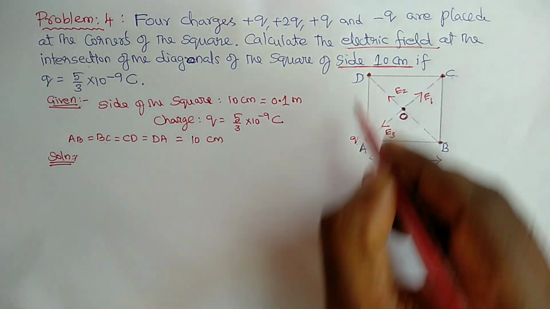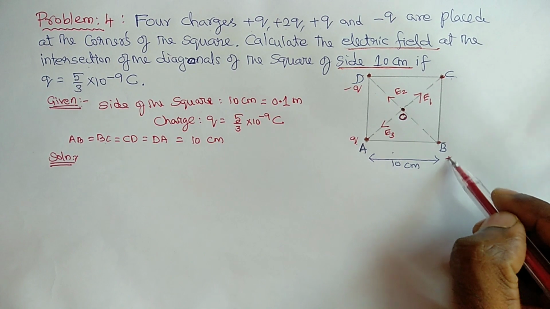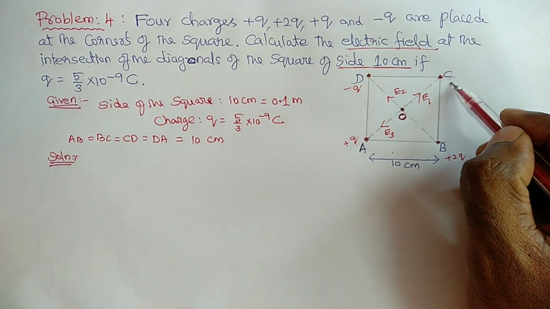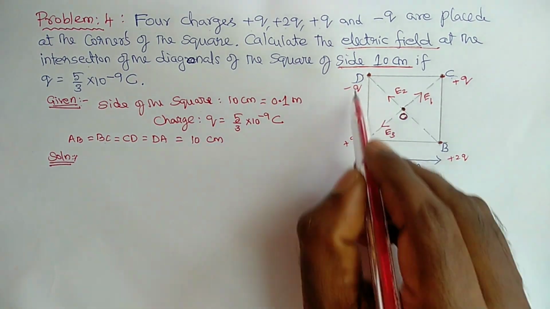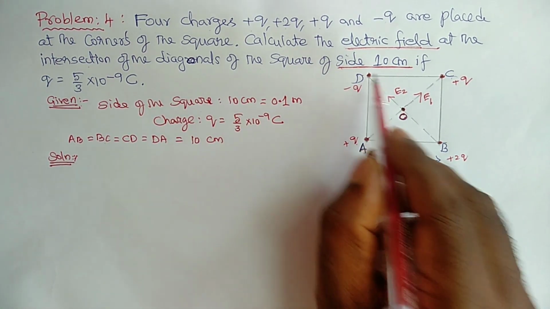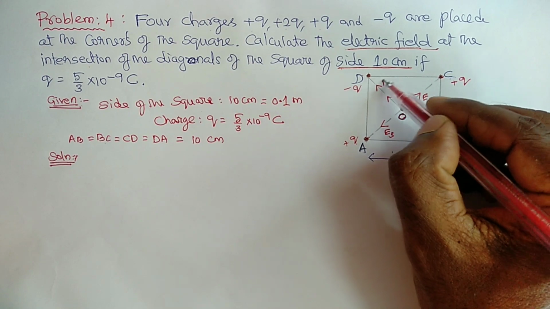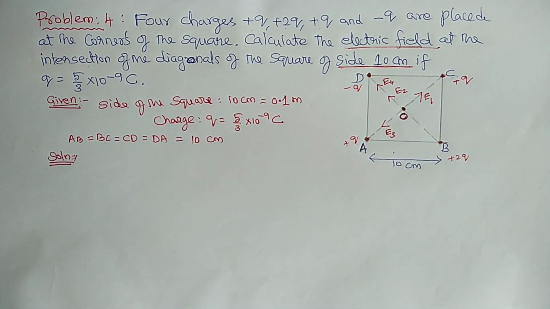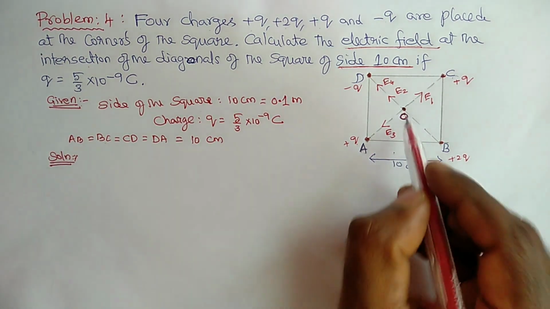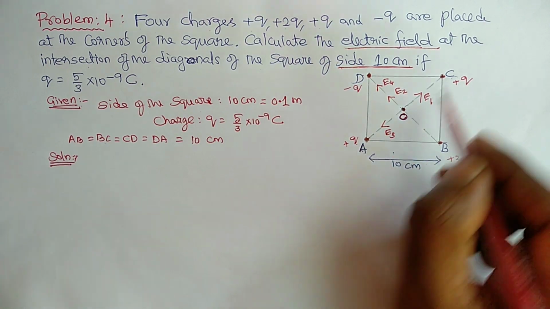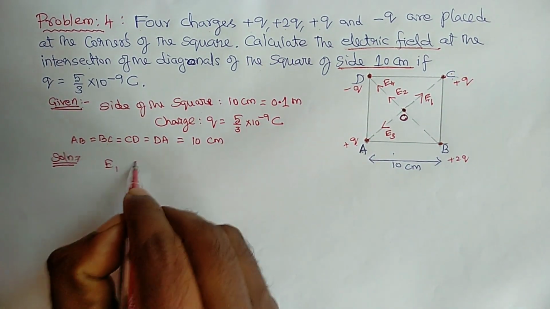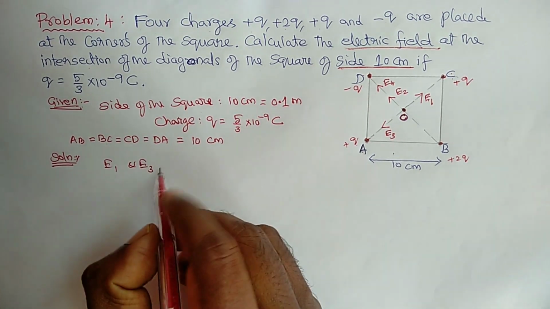Here it is minus Q. So here all the others are plus Q, plus 2Q and plus Q, and here minus Q. If it is minus Q, the field is directed towards it. So E4 is towards the point D. According to this concept, consider the field at point O due to A and point C, that is E1 and E3.